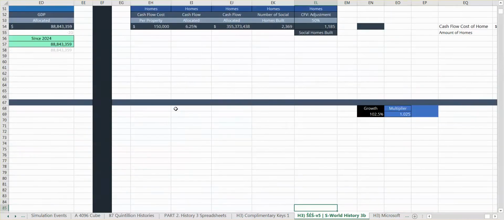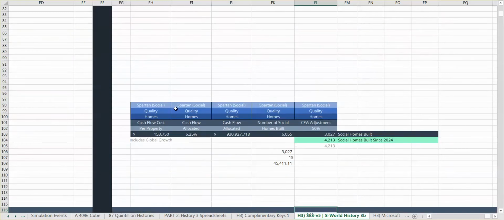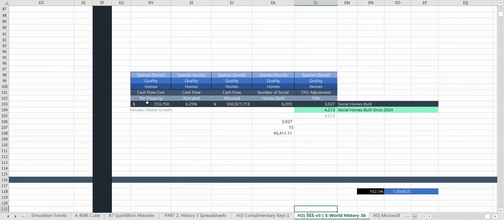We go down, and we see now the cost per house has gone up. It doesn't mean that's gone up with inflation. It includes global growth. Inflation's another thing aside, but that's including the global growth. Okay, and so this year 6,000 houses built, but because of the CFV, cash flow variable, thanks to David H. Moss, that's 3,000 homes built.